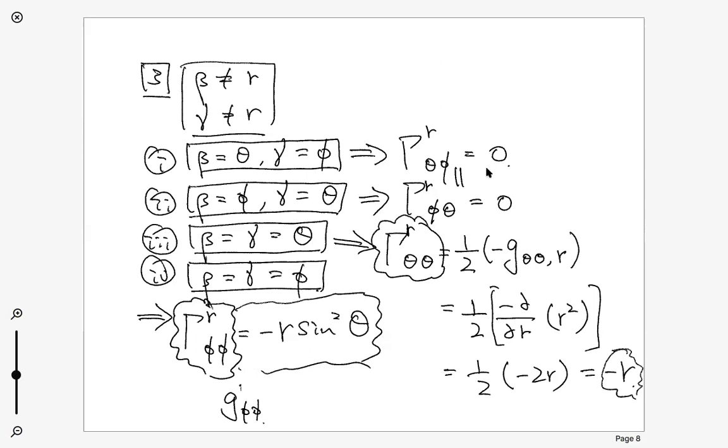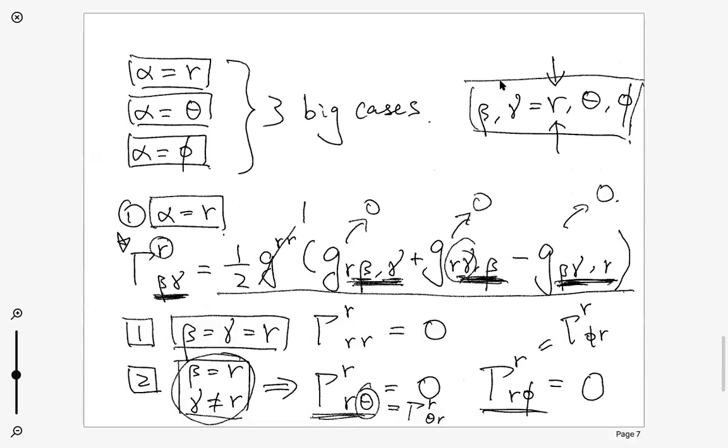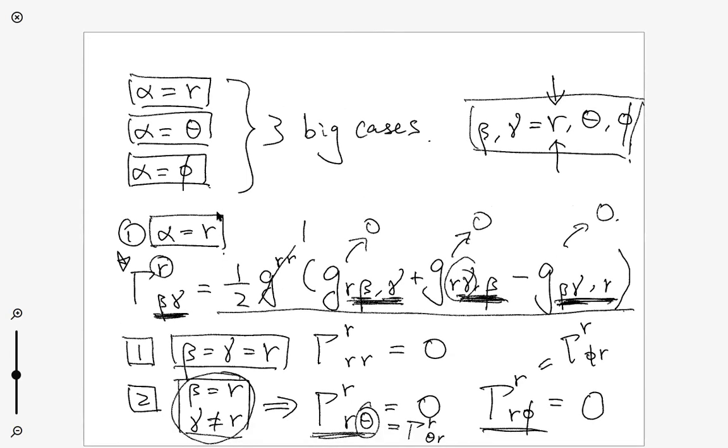Okay, very good. So you have already arrived at this point, which means that we have calculated all the possible cases for when alpha is equal to r. But unfortunately, we still have 2 big cases left, namely when alpha is equal to theta and alpha is equal to phi.